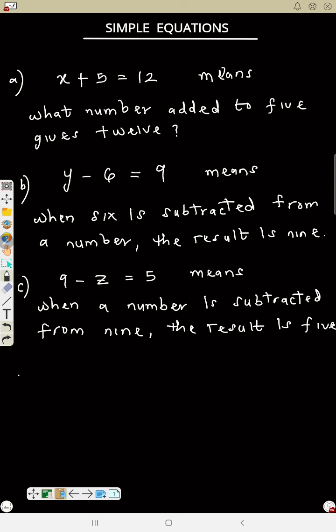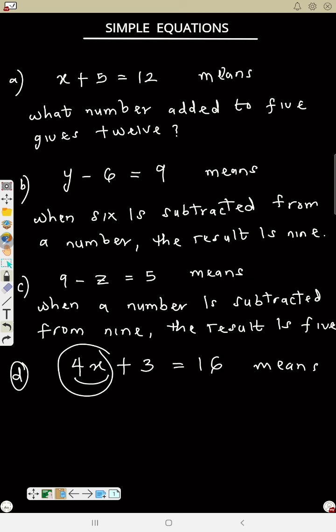Let's see another one. 4x plus 3 is equals to 16. What does this mean? This one means, now we have 4x. 4x means 4 times a number. So 4x is 4 times a number, meaning we don't know the number.